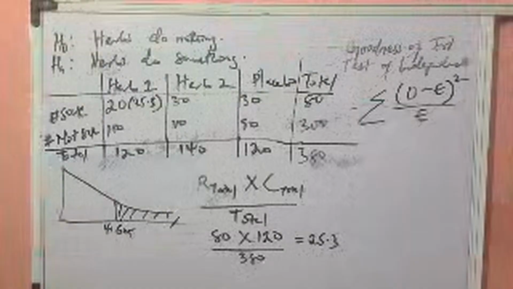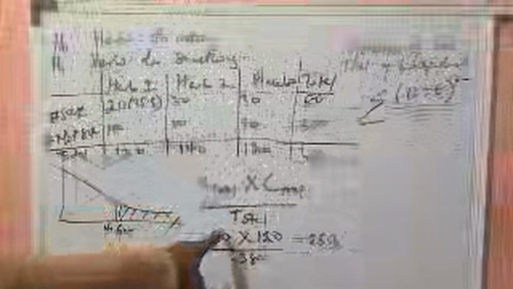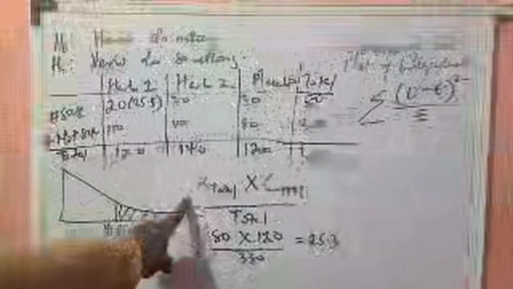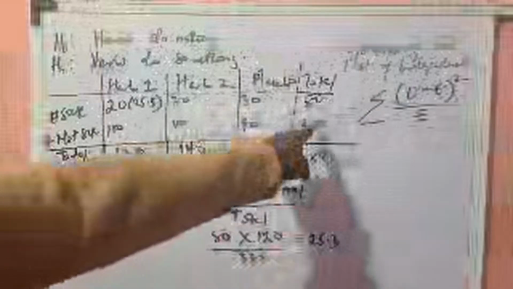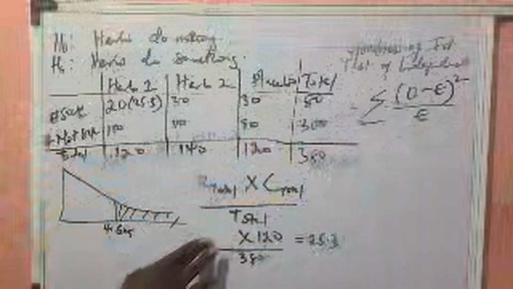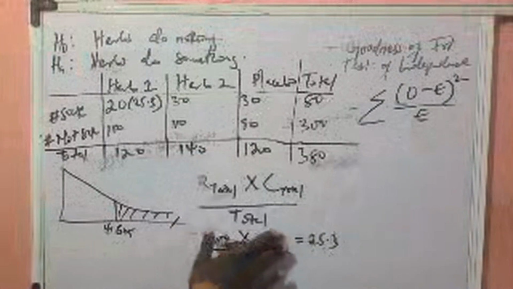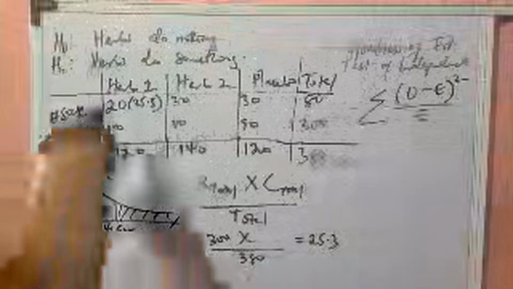Good. Let's try and find it for another one. Let's find it for 100. How do we find the expected value for this value 100? Of course, you follow this formula again. Row total: what's the total for row 2? It was 300. So you go on to find this as 300 multiplied by the column total.